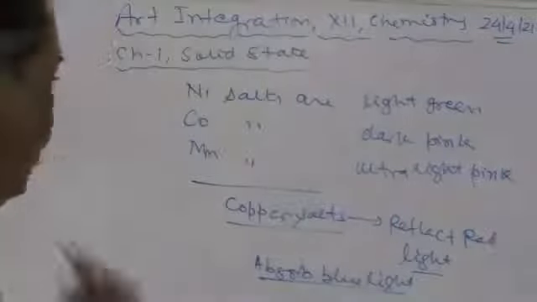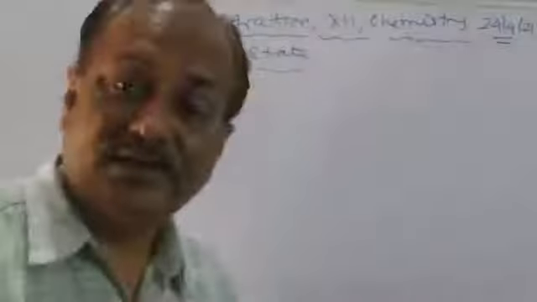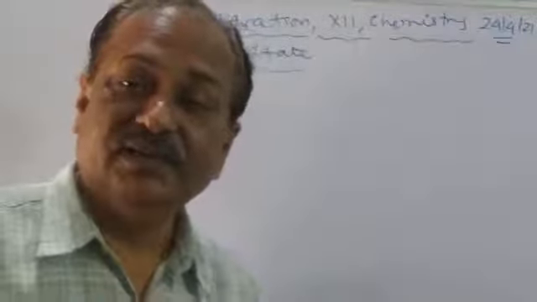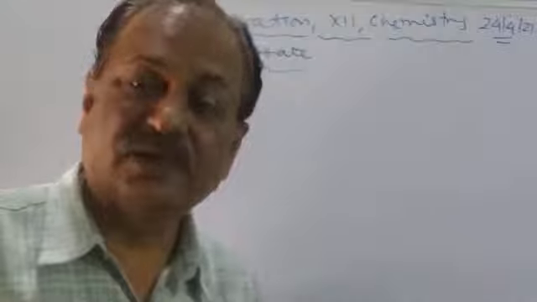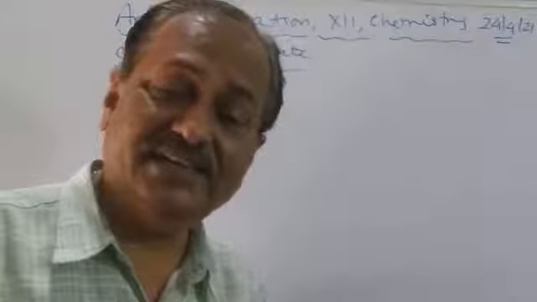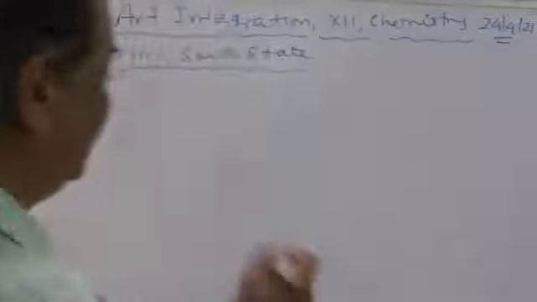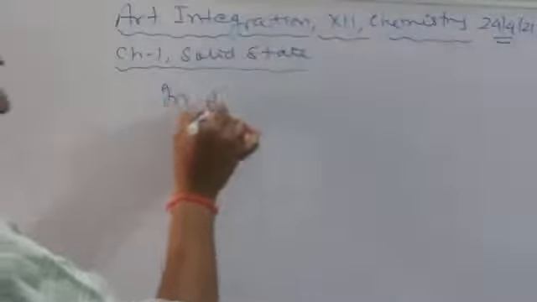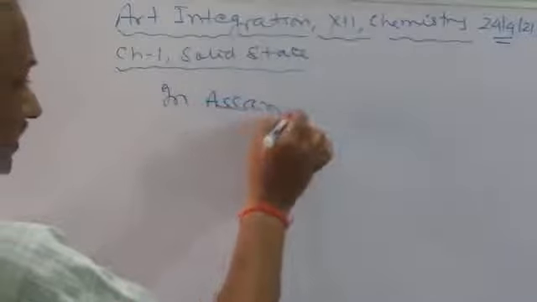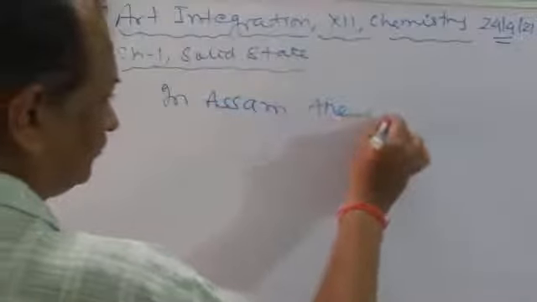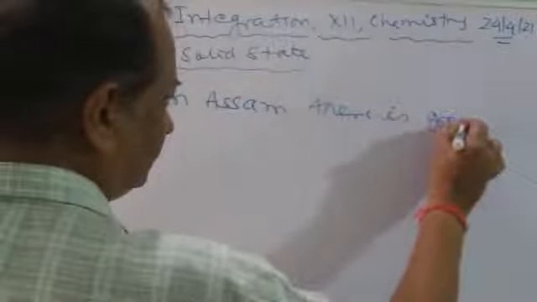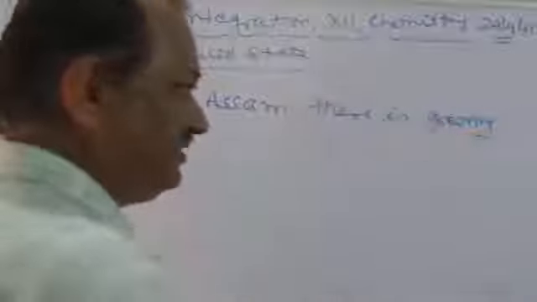Now children, the other point you can see here is its correlation with Assam. Rajasthan has to be correlated with Assam or the Northeast. So basically in Assam, there is greenery. Why is there greenery?